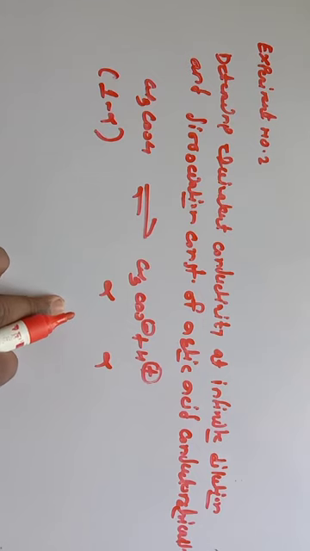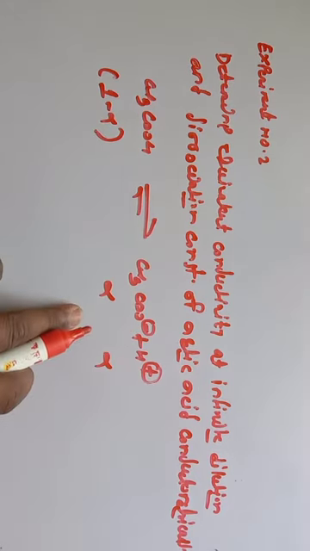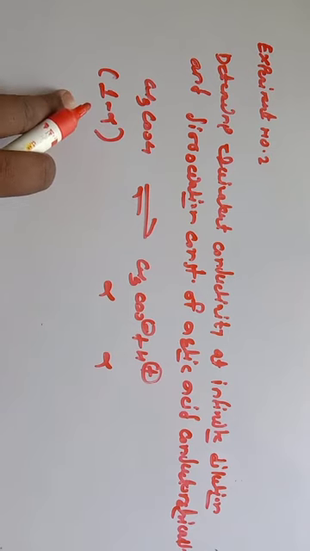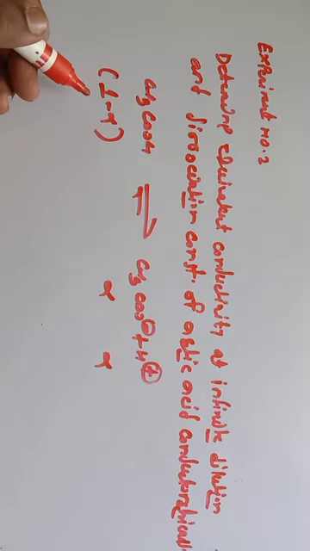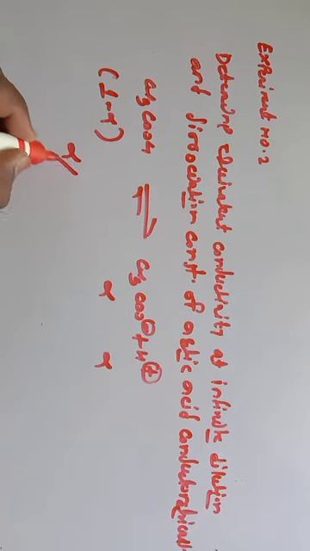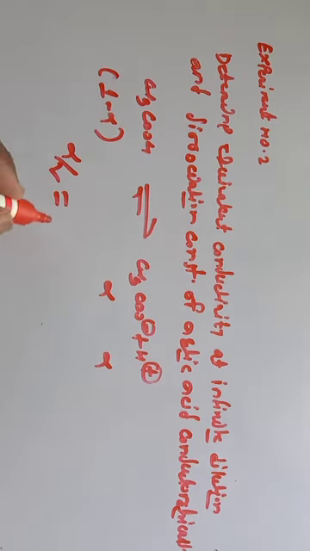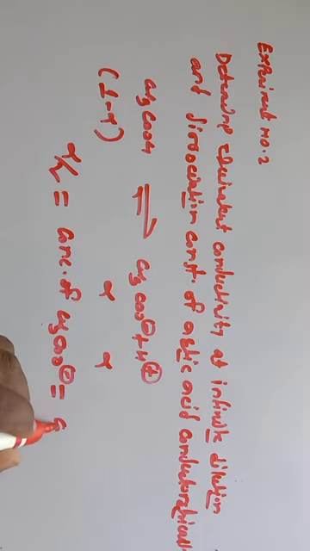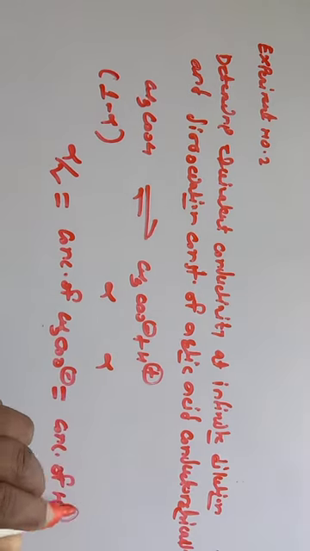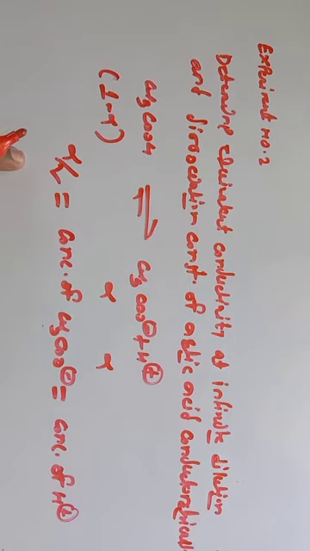After dissociation we get these ions. Since 1 gram equivalent of acid is dissolved in V liters of water, alpha upon V, that is the degree of dissociation divided by the volume in liters of water, is equal to the concentration of CH3COO minus, which is equal to the concentration of H plus ions.